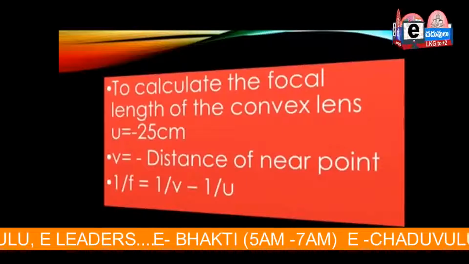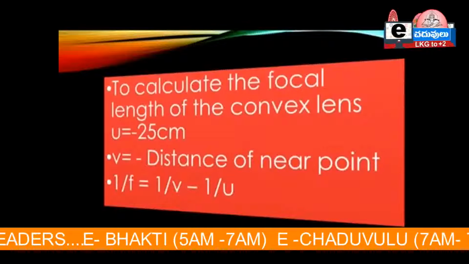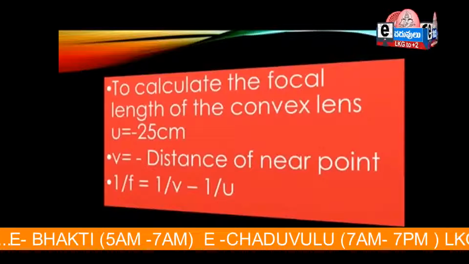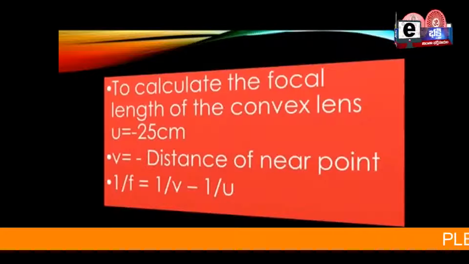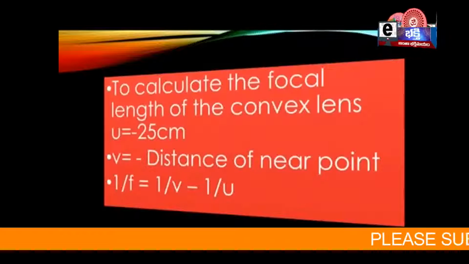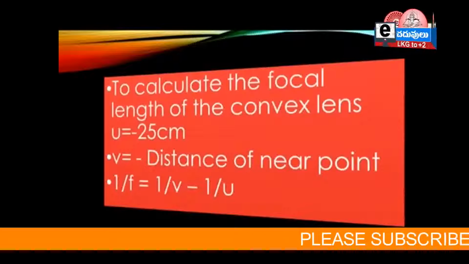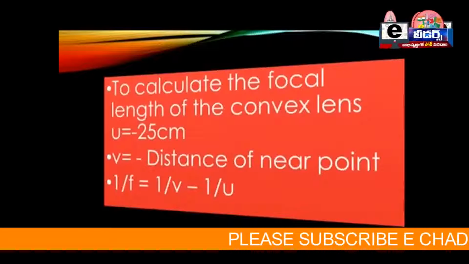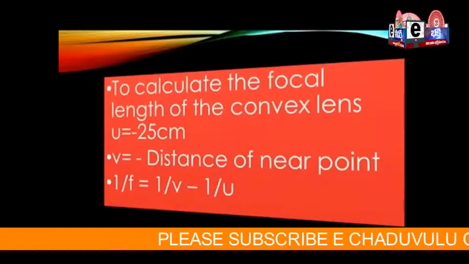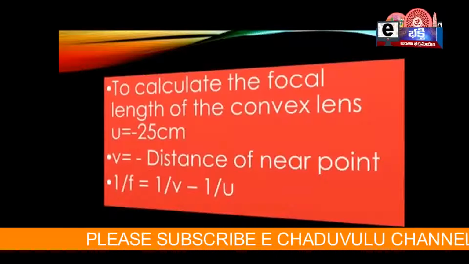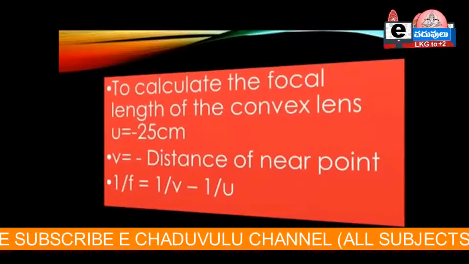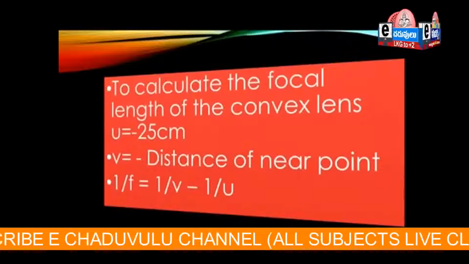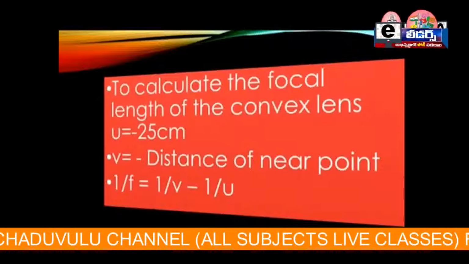Take the lens formula 1 by f is equal to 1 by v minus 1 by u, and take the object distance u is equal to minus 25 centimeters, that is the least distance of distinct vision, and the image distance v is equal to minus near point. Substitute the values of u and v in the lens formula and find the focal length of the convex lens.